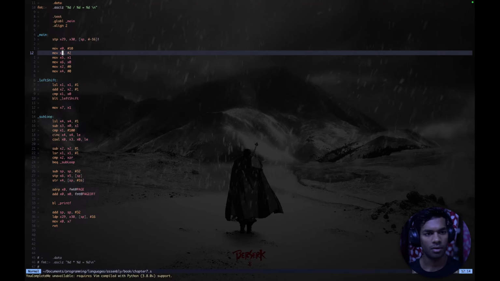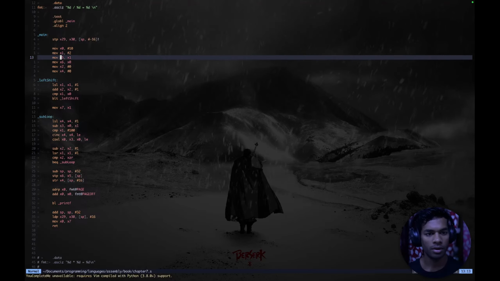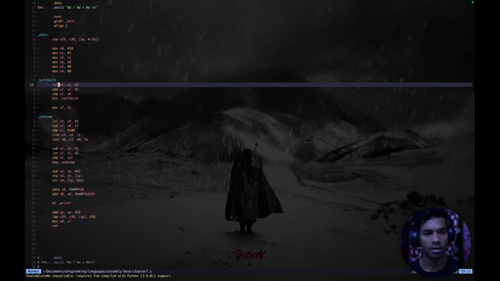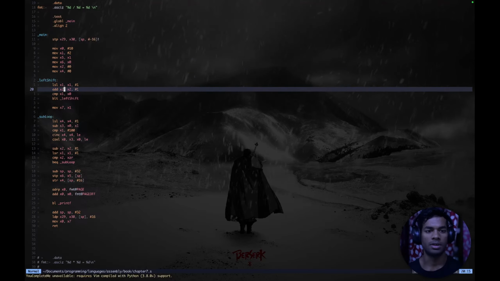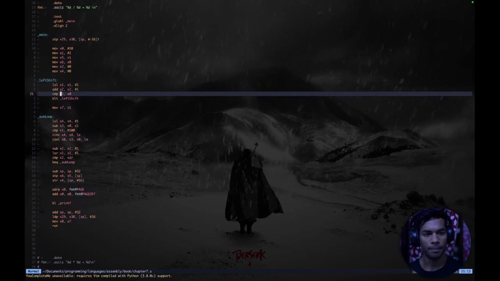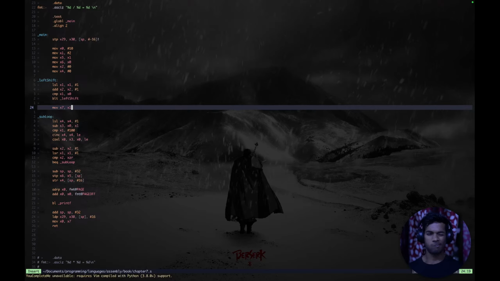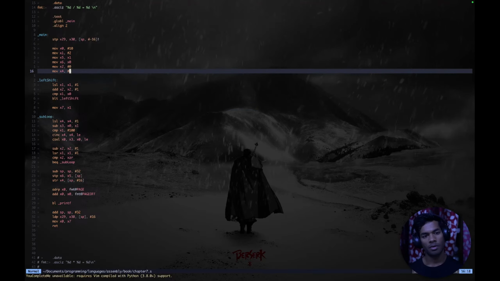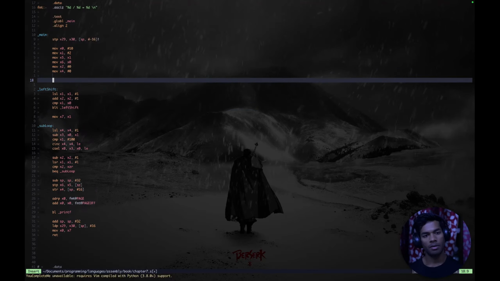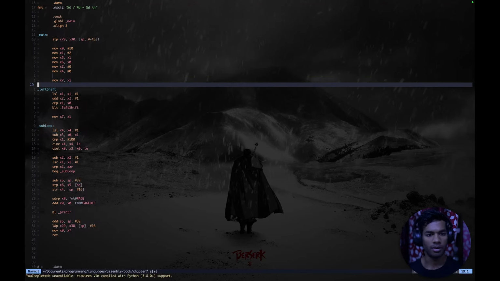And I'm only using the first register here to store 2 into it, and then here to logically shift it left, and then here to compare it. But why is it becoming 0? Why is it becoming 0? Let me see what is the value of the first register at this point.